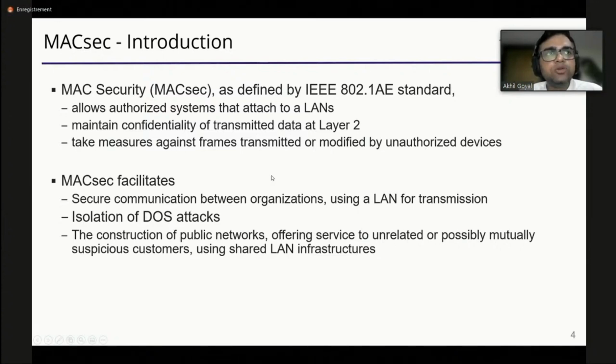It will basically drop them, and it also facilitates secure communication between organizations using the same LAN. It will be useful in co-working spaces which can have multiple customers who are mutually suspicious of each other, and it can provide secure communication there. It can also isolate DoS attacks.